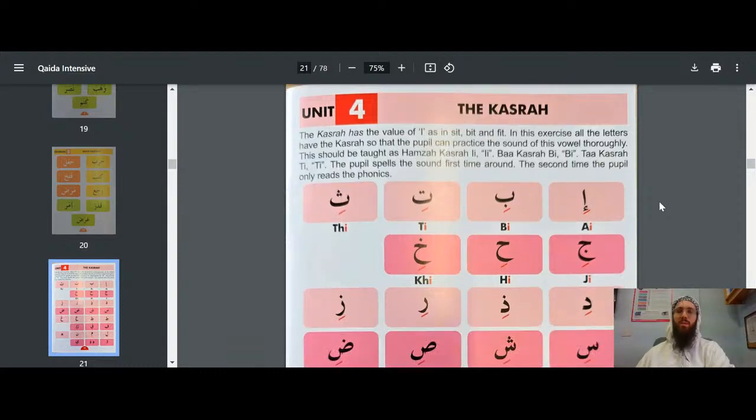Now we're going to do the same thing with the next letter, and we're going to do the same thing with the third letter. And then after that, there's only one single rule about doubling, and then you have now learned how to read the Arabic, right?